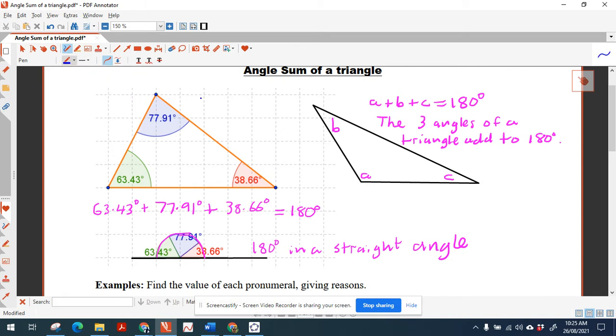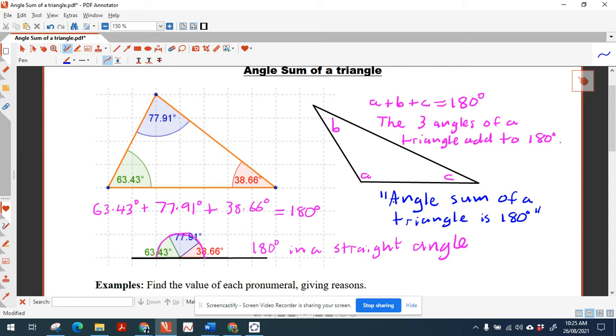There's another way we say it as well, which you'll see in the textbook. They'll have something like this: angle sum means add, angle sum of a triangle is 180 degrees.